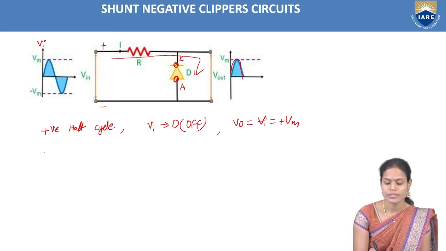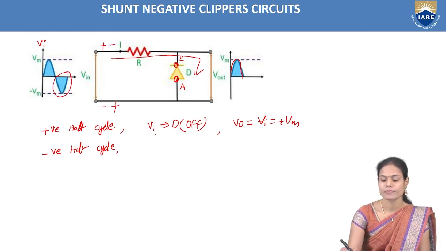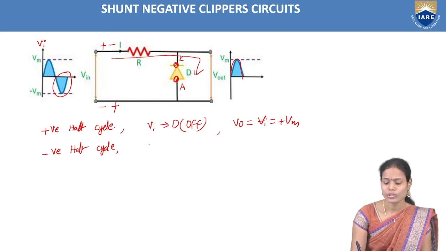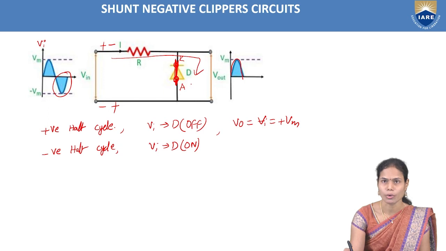half cycle. And similarly, for the negative half cycle of my input signal, here it is minus, here it is plus. In this case, for the cathode terminal of the diode, we are providing the negative voltage so that the diode acts like a closed switch and it is in on state now. So once it is on, there is no drop across the diode, so the total voltage will pass to the ground.